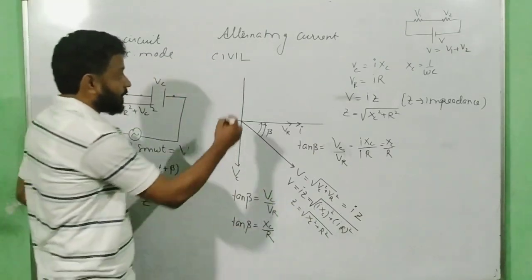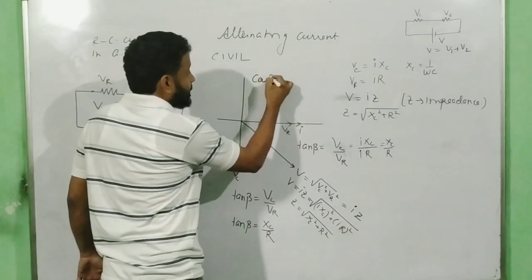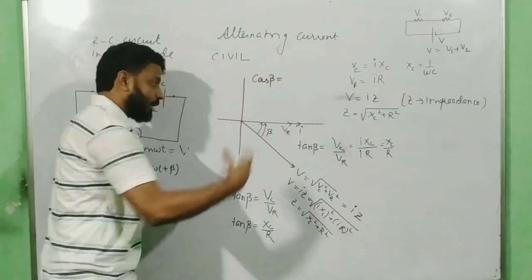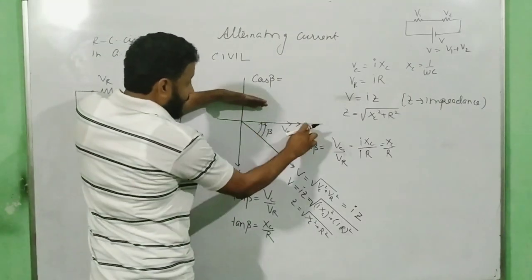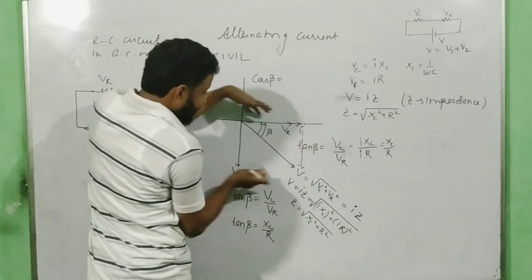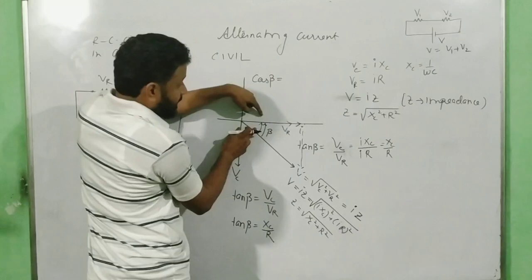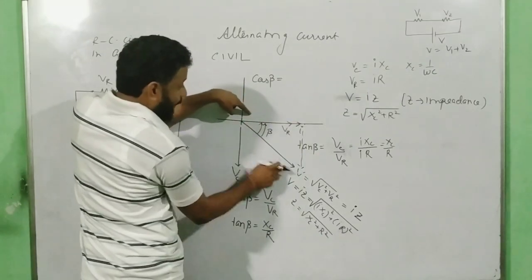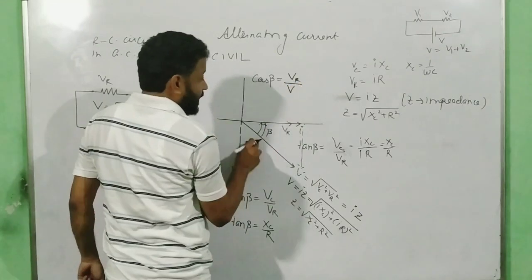Also, there is one more way. The significance of this I will tell you later, but I will be finding cos beta for every example. How will you find cos beta here? Cos beta is base by hypotenuse. So if I construct this triangle over here, this is VC, this is also VC. So cos beta will be equal to base by hypotenuse. So base is VR and hypotenuse is V, the net potential.